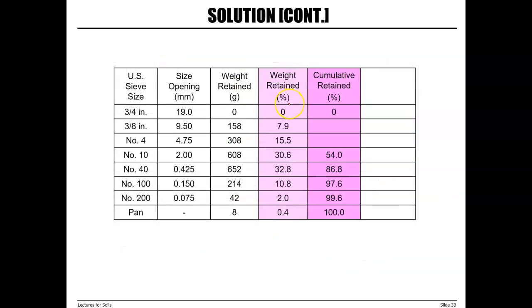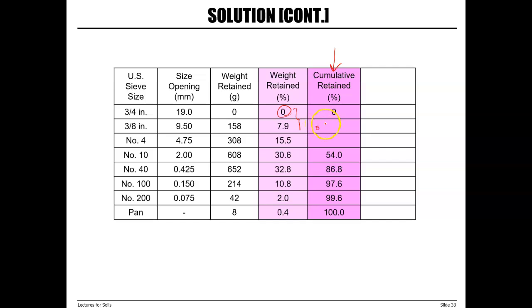Now that we have weight retained in percentage, we need to calculate cumulative retained in percentage. What is the total material retained on top of each sieve? On top of sieve 3/4, we have 0%. Above 3/8 inch, we have 0 plus 7.9.